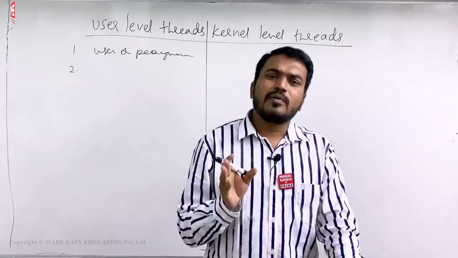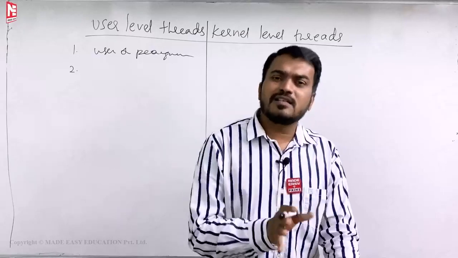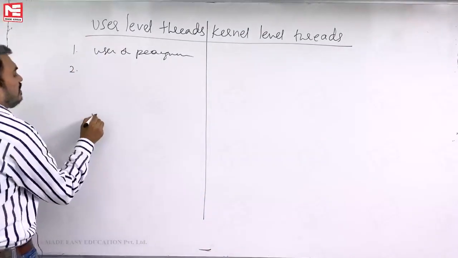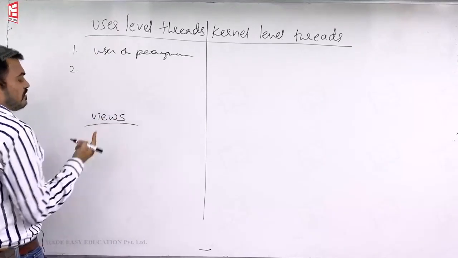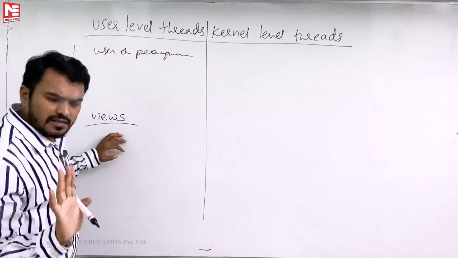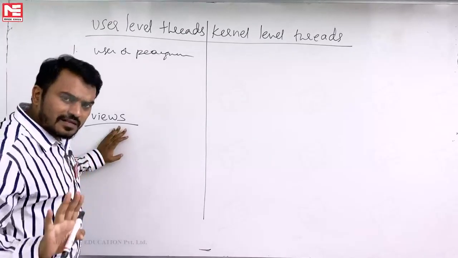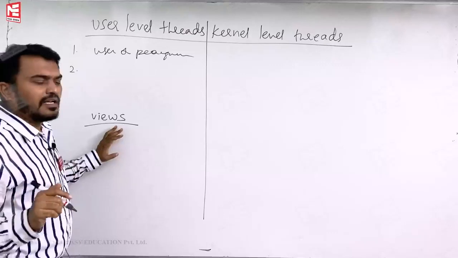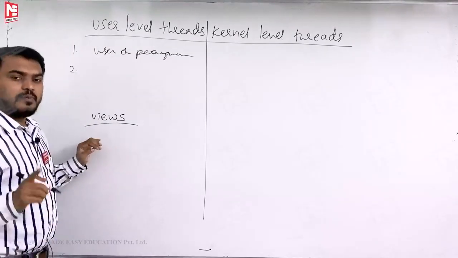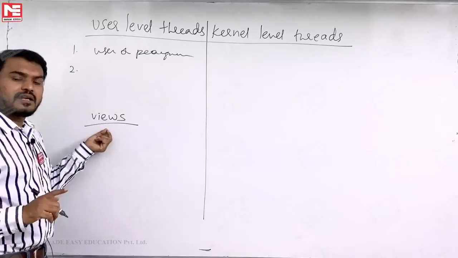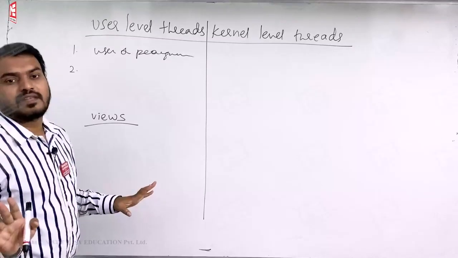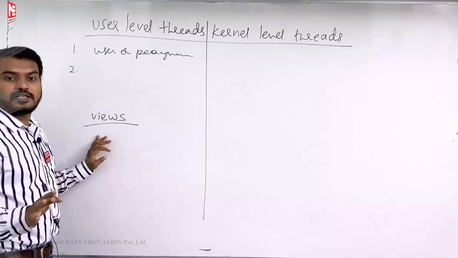The operating system does not know about user level threads. What the operating system views, meaning how it sees them, is as a process only. Operating system cannot recognize user level threads. It views a user level thread as a process only, just like a normal process. Understood, right?